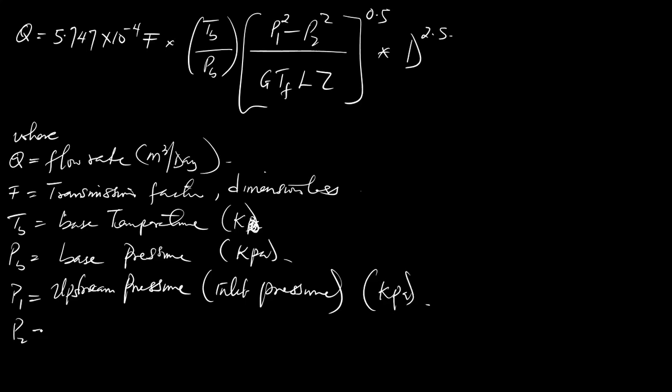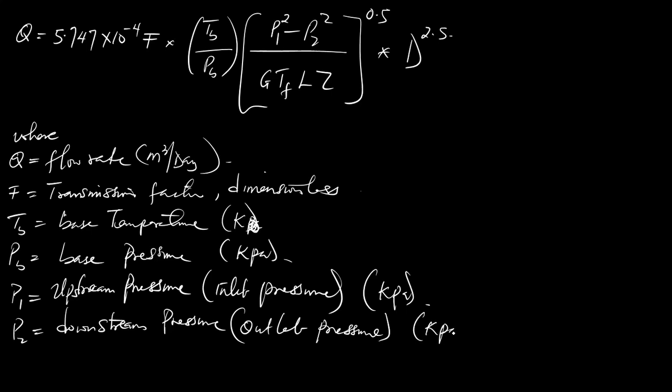We also have the downstream pressure, which is the outlet pressure. This is in kilopascal. We have G, which is the gas gravity. This is dimensionless.